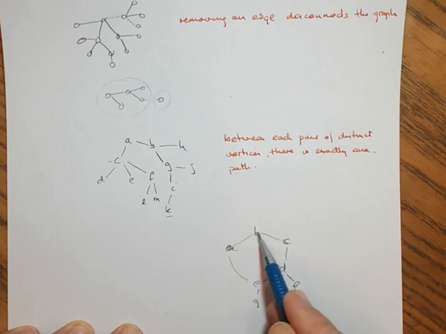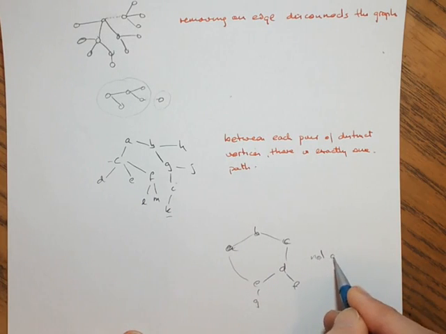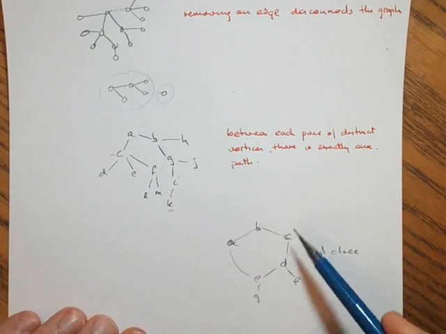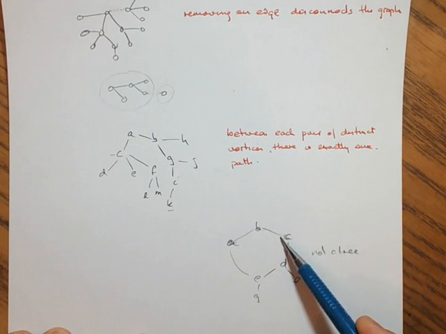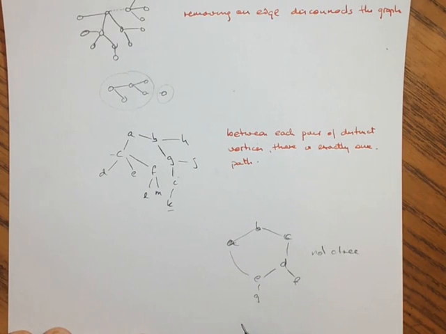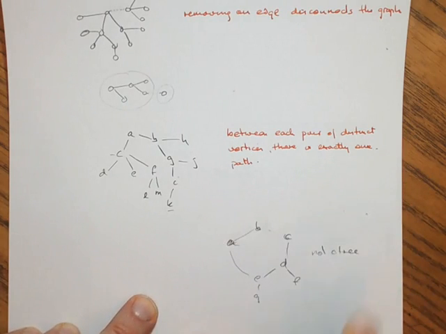A to D in one direction, and A to D in the other direction, and that forces you to have a cycle. So definitely not a tree. It's also not a tree because if you remove this edge, say B to C, it's still in one piece. So we'll go ahead there, remove the edge B to C, it's still one piece.